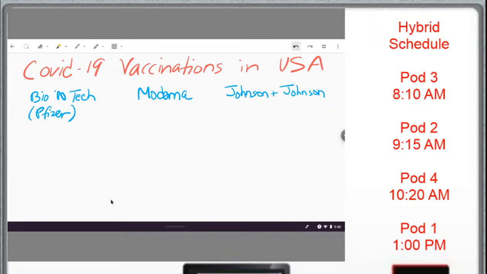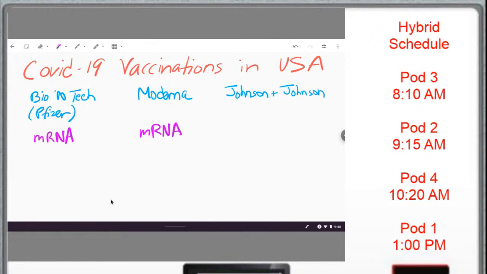Couple differences about these vaccines. Moderna and Pfizer, or BioNTech, they use something called mRNA as the basis for their vaccine. I'll come back to that point in a couple minutes. All right. Johnson & Johnson uses, I believe, a viral vector. I have to do a little more reading on them.